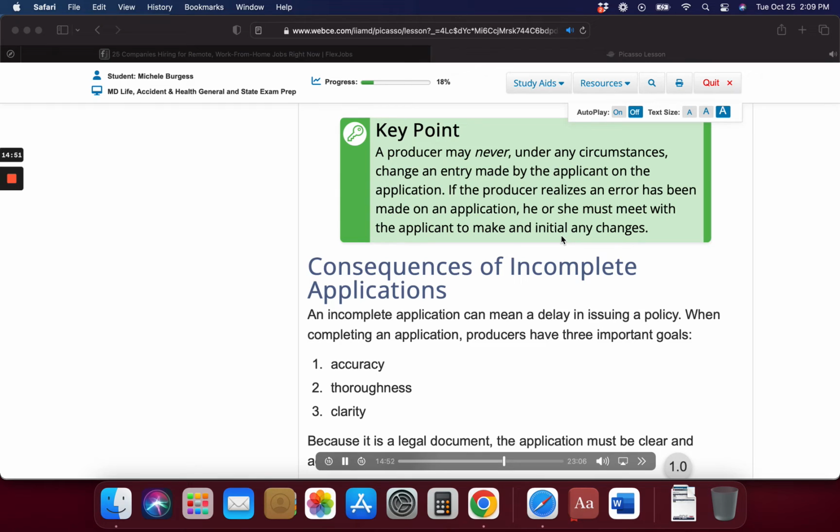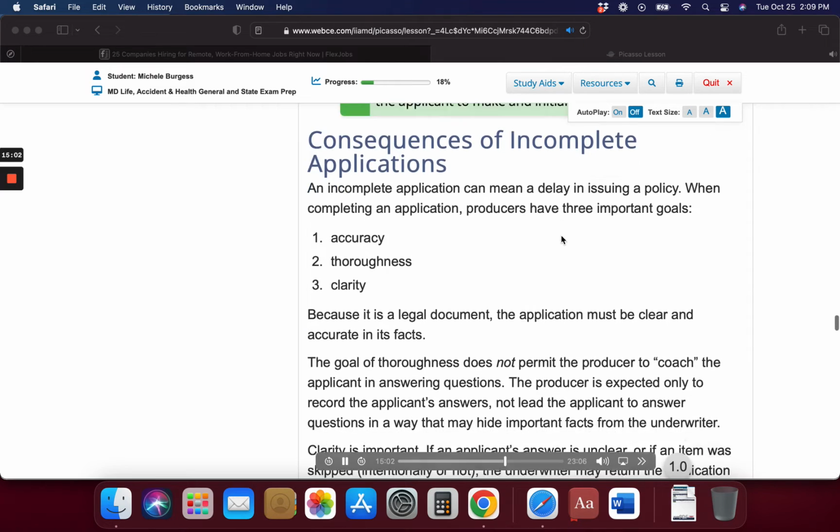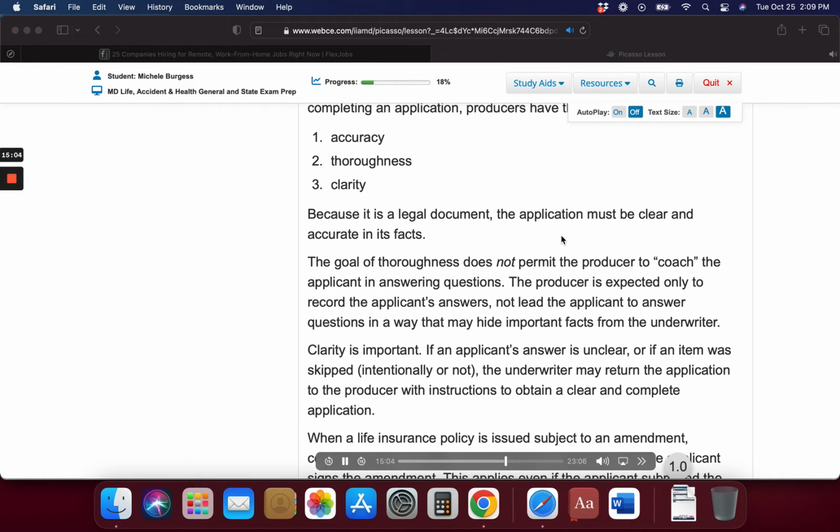Consequences of incomplete applications. An incomplete application can mean a delay in issuing a policy. When completing an application, producers have three important goals: accuracy, thoroughness, clarity. Because it is a legal document, the application must be clear and accurate in its facts. The goal of thoroughness does not permit the producer to coach the applicant in answering questions.